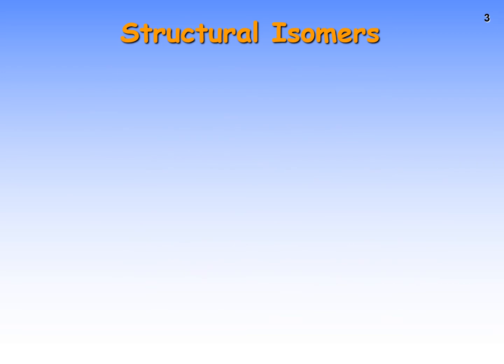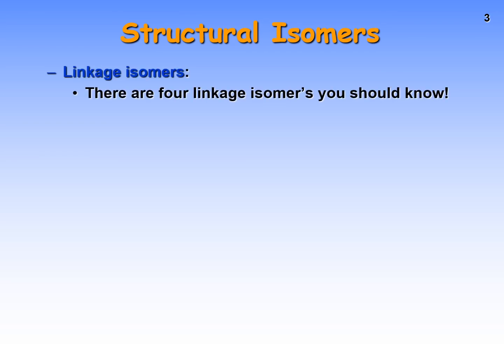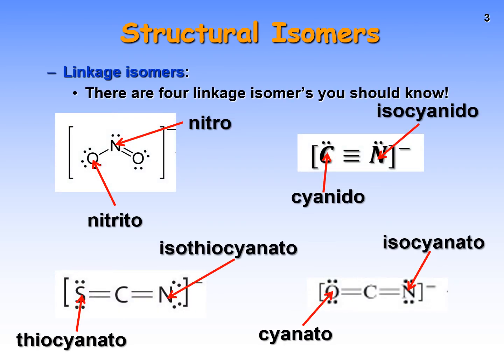Okay, there are 4 linkage isomers that I need you to know. The first one is one we already discussed, and that is nitrito or nitro. NO2- has 2 different linkage isomers. One where we're bonding from the N, which is called nitro, and you need to know that.